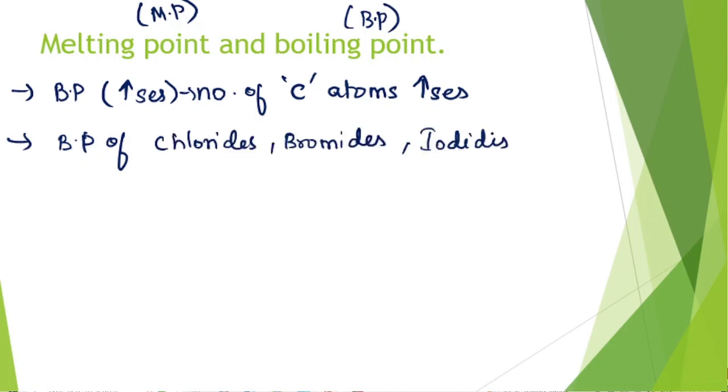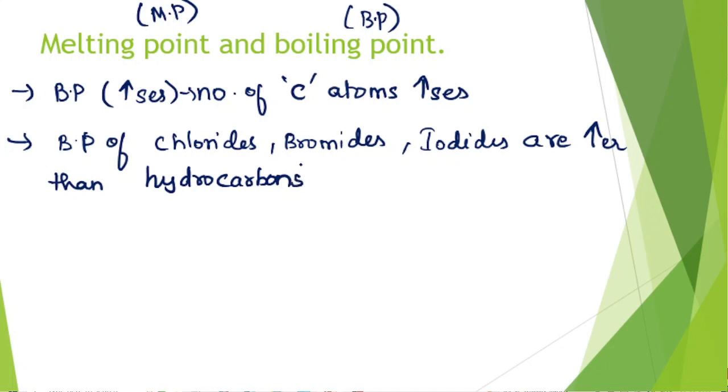What are these? These are the halogen compounds. They are higher than hydrocarbons. They can ask the reason why this boiling point is greater than hydrocarbons. Then you have to write the reason for it.